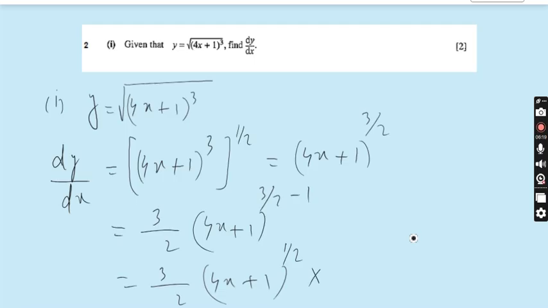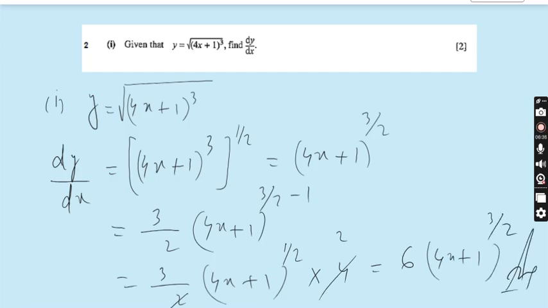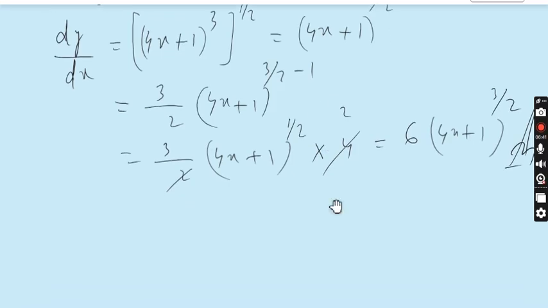The derivative of 4x plus 1 must be found. I forgot, I am sorry, accept my apology. The derivative of 4x plus 1 is 4. So 2 2s are 4, 2 3s are 6, 6 (4x plus 1) to the power 1 upon 2. This is our final answer. Move to next part.